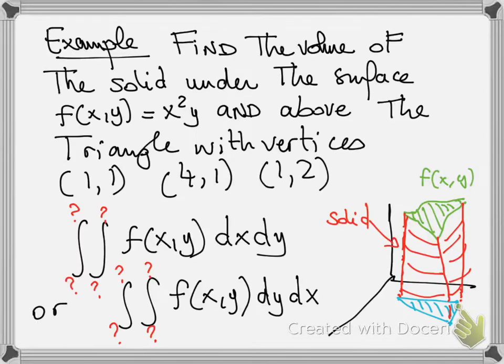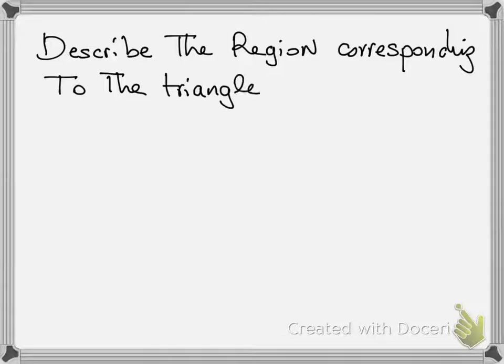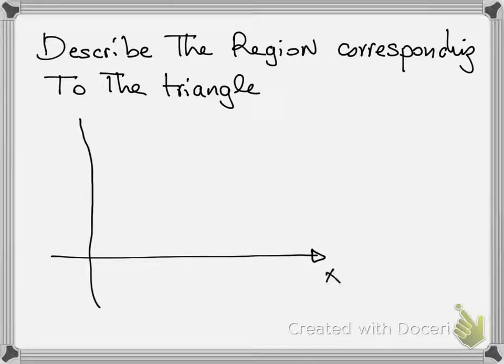So let's describe the region corresponding to the triangle. So this is my x-axis, here's my y-axis. Let's say here's 1, 2, 3, and here's 1 and 2.